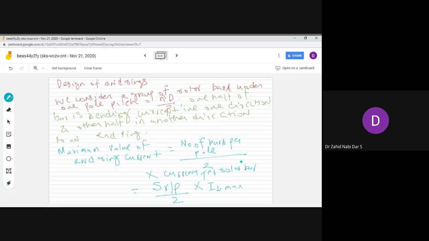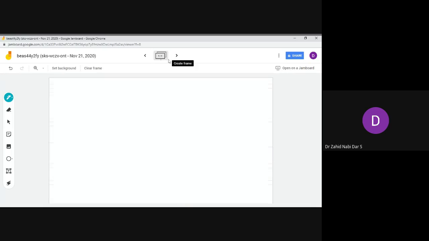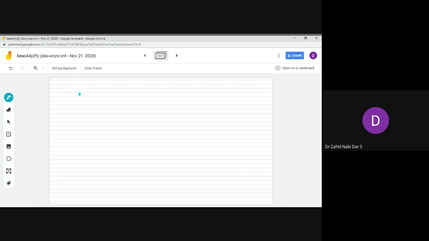In other terms, you can write your end ring current, that is IE max, as equal to SR by 2P into IB max.